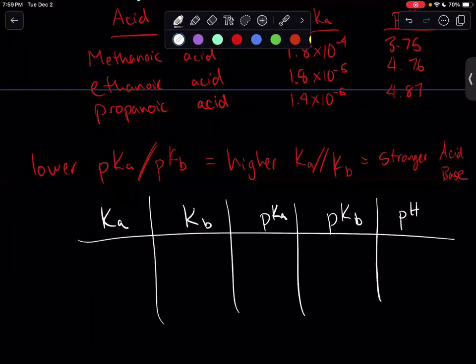If we have a very high Ka, we'll have a low pKa, and we'll have a low pH. If we have a high Kb, we'll have a low pKb, and we'll have a high pH. Oops, and look at that, I've already made a mistake. Inverse these two.